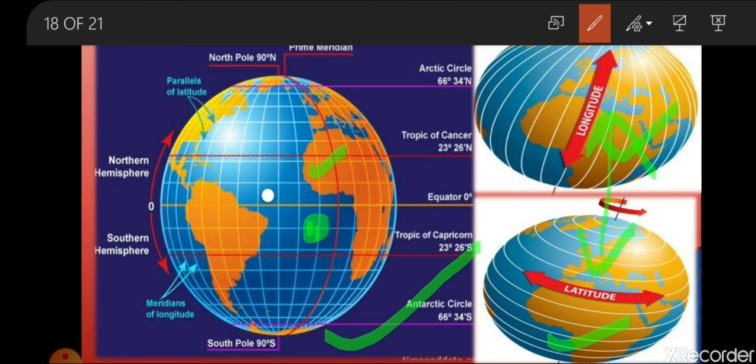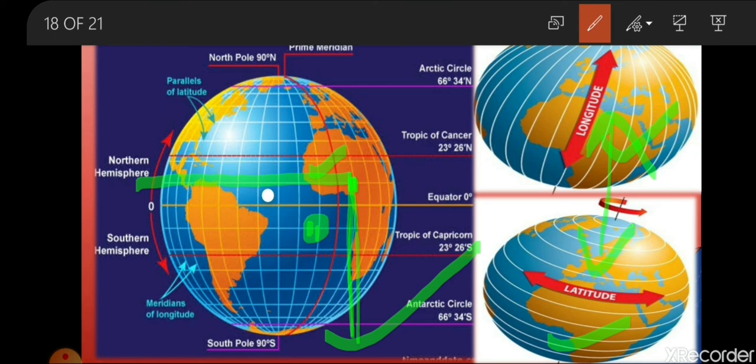So if I have to know where a particular place is located, I will see at what degree the line of latitude is, and at what degree the line of longitude is, and then I will write that this point is located at this. So basically the geographic grid system is formed by longitudes and latitudes.